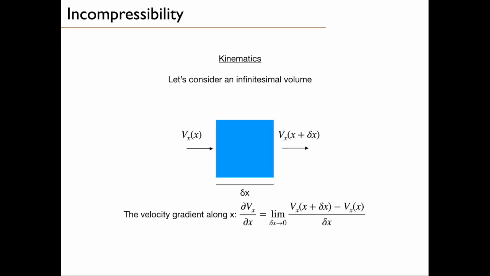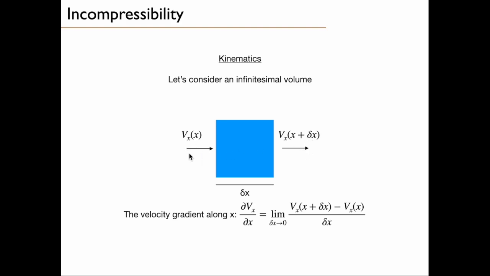Another way to discuss compressibility is to consider an infinitesimal volume of fluid. We have a fluid volume of delta x and delta y. The top side has a size delta x, as the bottom does, and the same for the sides.